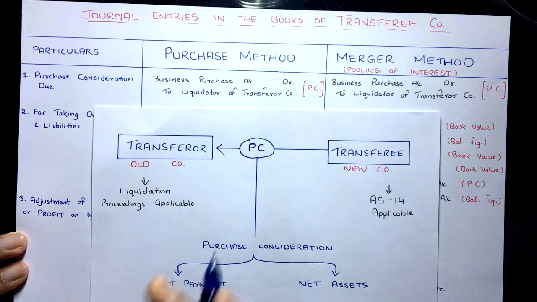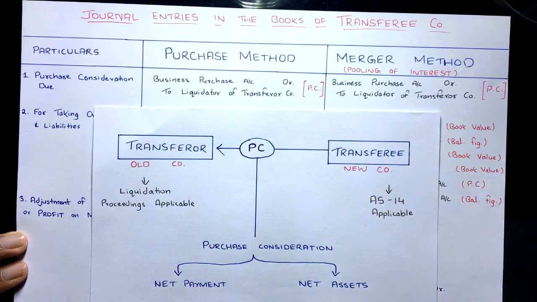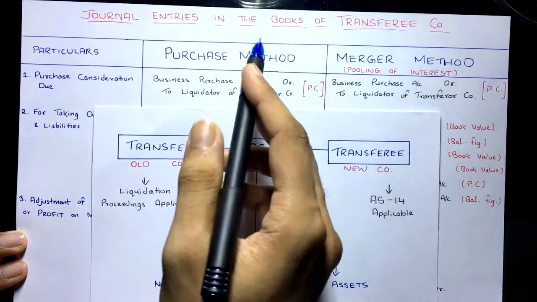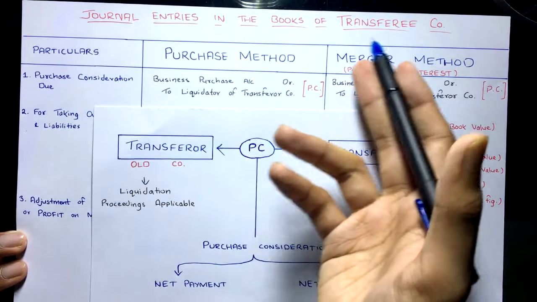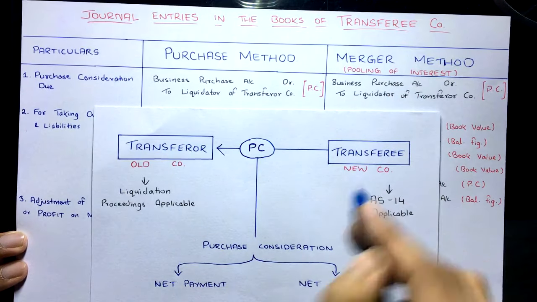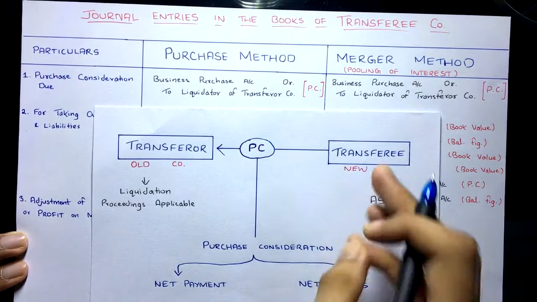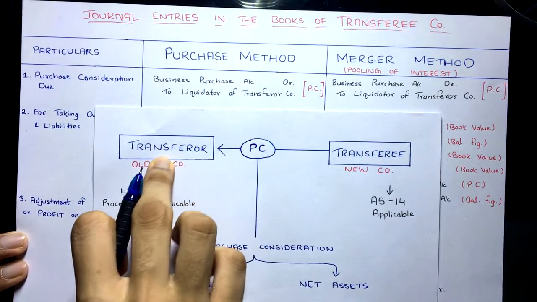So now here we are purchasing, and by we I mean Transferee Company. We have to think from the point of view of Transferee Company, because we are passing the journal entries and doing the accounting treatment in the books of Transferee Company, the new company. So you have to think as an accountant of Transferee Company. We have to pay purchase consideration to Transferor Company.